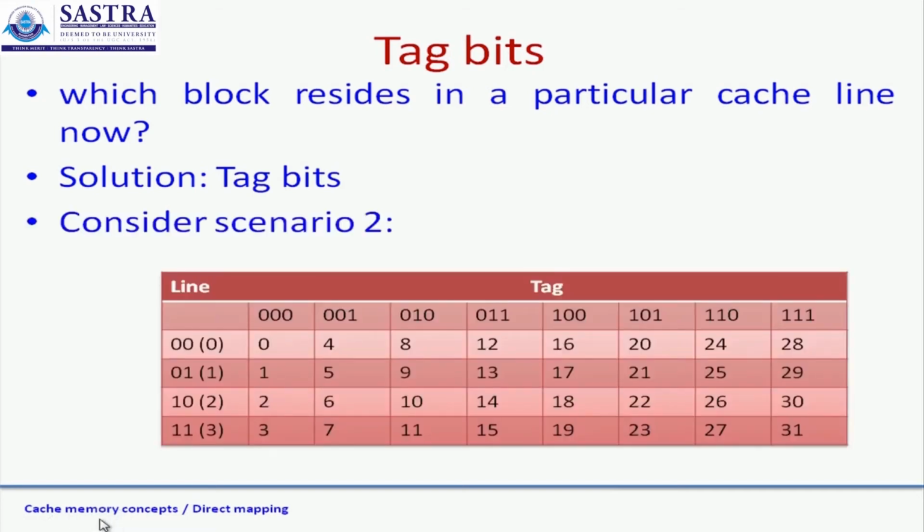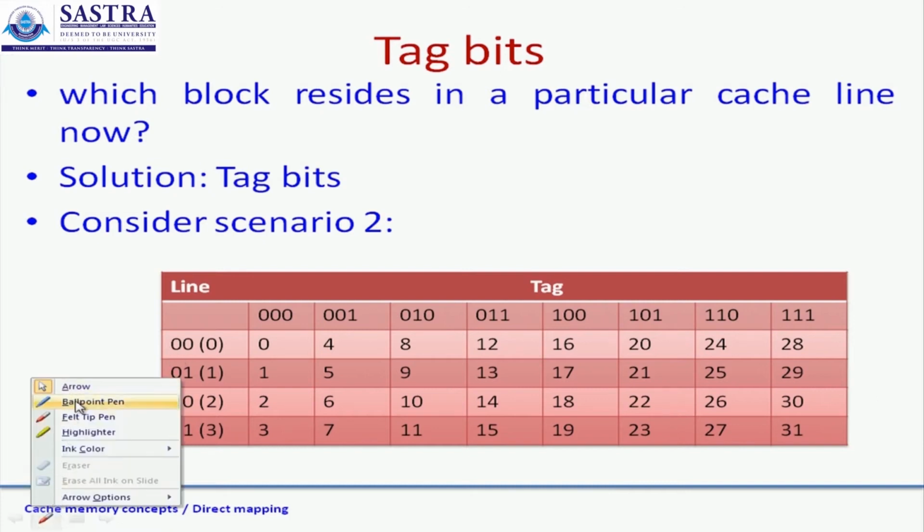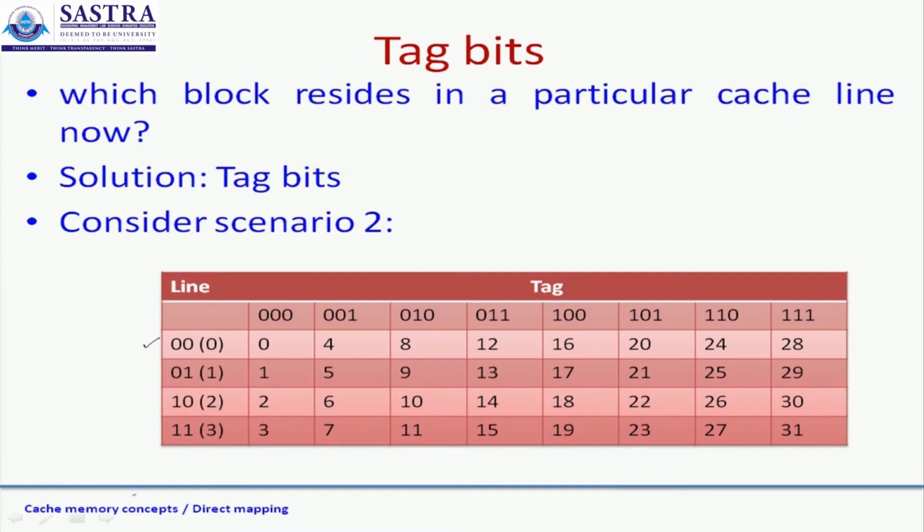Let us consider scenario 2. In scenario 2, any one of a possible 8 blocks may be mapped on line number 0. It may be B0 or B4, B8, B12, B16, B20, B24 or B28.